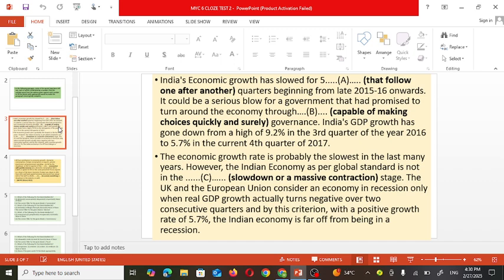Now see our blank. The Indian economic growth has slowed for 5 dash quarters. So how will the quarters be there? Your expected answer is that they follow one after another.